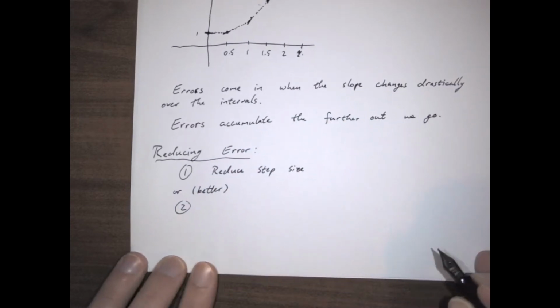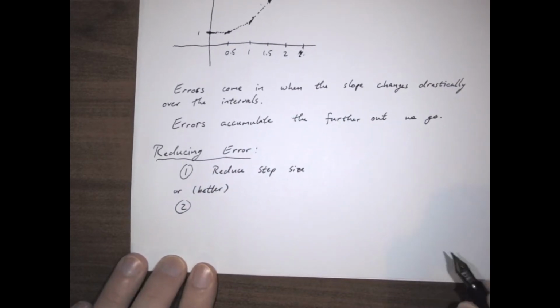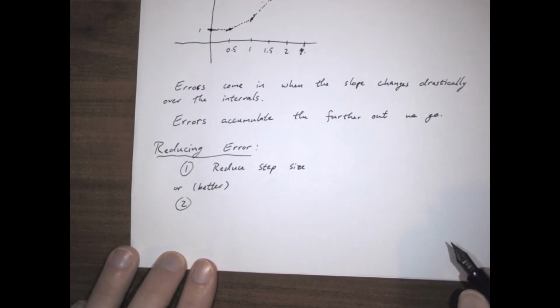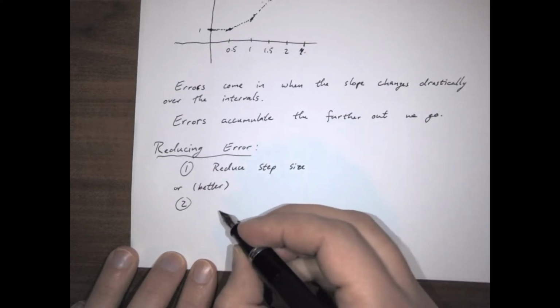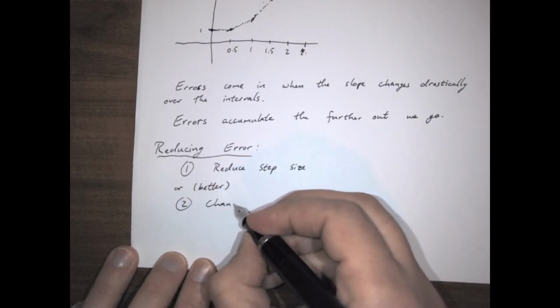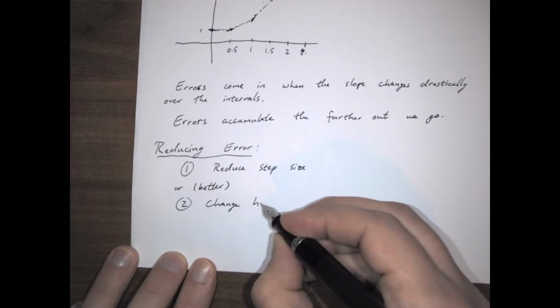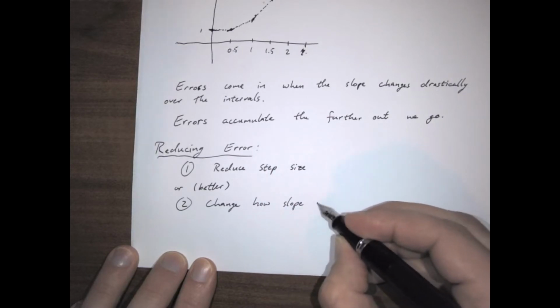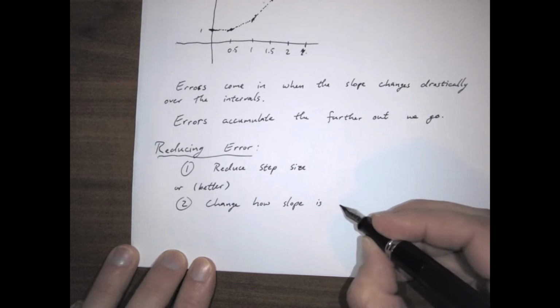The better method is to come up with some other way of getting the slope that takes into account the change in the slope over the course of the interval. So change how slope is estimated.